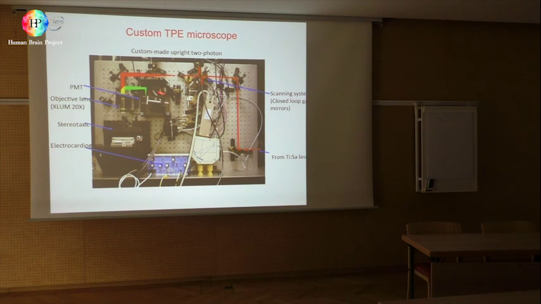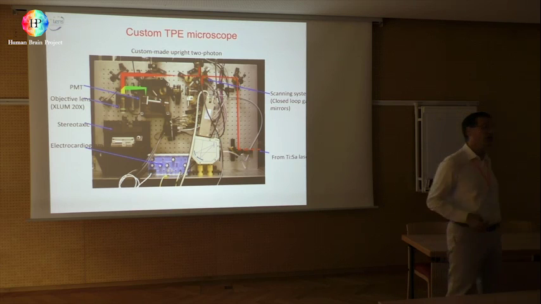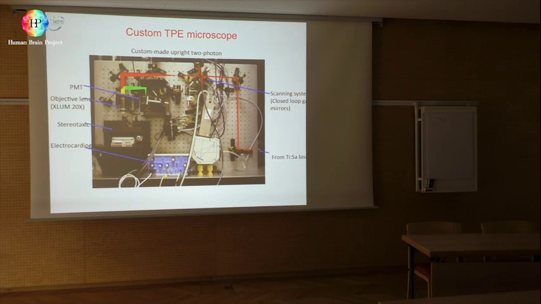Then you collect with a photomultiplier, and you can analyze the fluorescence by spectrometer, and you can trigger your images in vivo with the electrocardiogram, because the brain is pulsing in vivo. So you want to avoid, for example, movement artifacts. So you must use some tricks to stabilize your images.